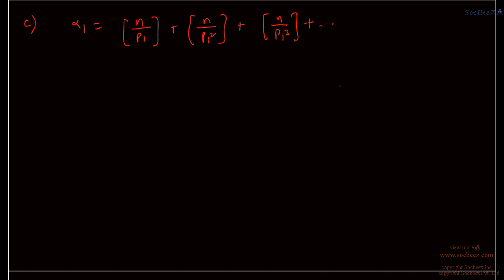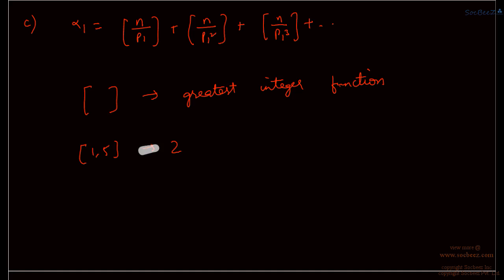Now, these square brackets are not normal square brackets, they are actually the greatest integer function. Say the greatest integer of 1.5 is 1. Instead of an arrow, I should write equal to, because that's what makes sense.